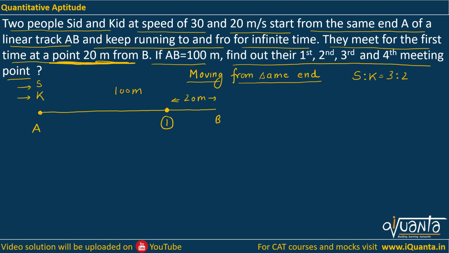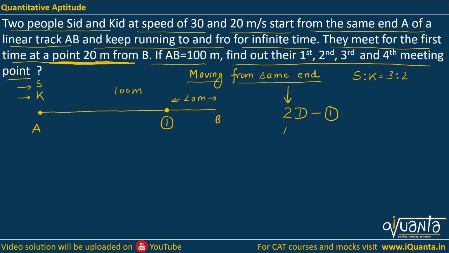So what am I saying? This is the case that we have moving from same end. I said that we are using a shortcut. In this case, whenever bodies are moving from same end, always the meets would occur at 2D distance. The first meet would occur at 2D distance. That means when both the bodies together travel 2D distance.